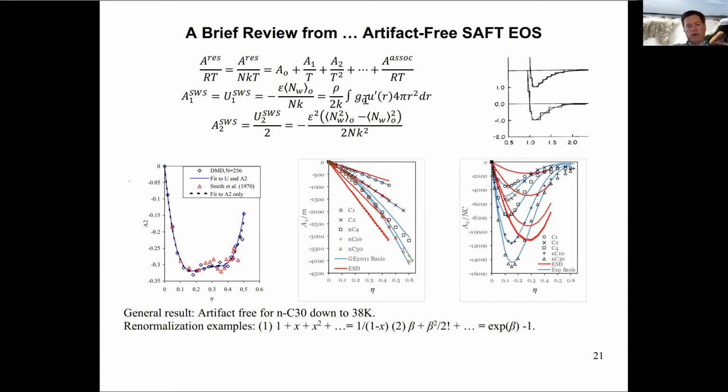So for square well spheres, this is just g of the hard sphere equation, and we know very well how to deal with that. And then this attractive part is just the deep well part of it. And then we said that this A2 term has this n squared minus n squared functionality. I want to clarify why that is.